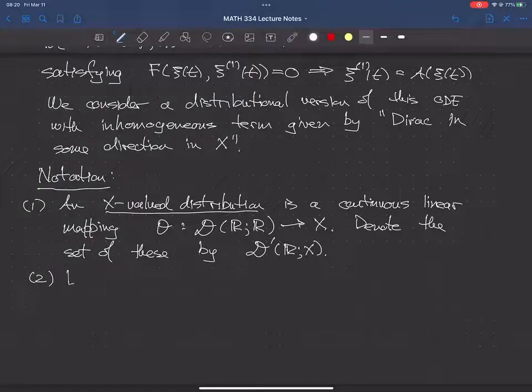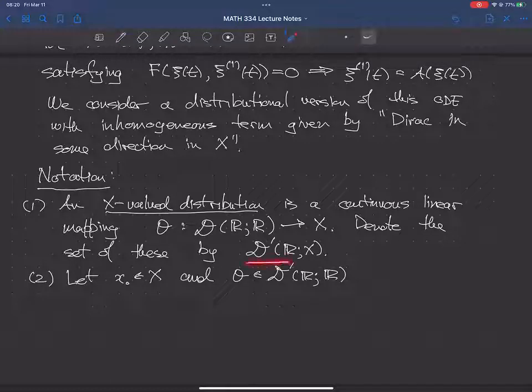The direction is going to be represented by, let's say, x naught, and we take a scalar distribution theta. What I'm going to define is a vector distribution associated with that, and I write that thing in this way.